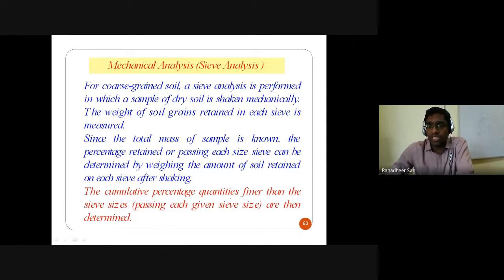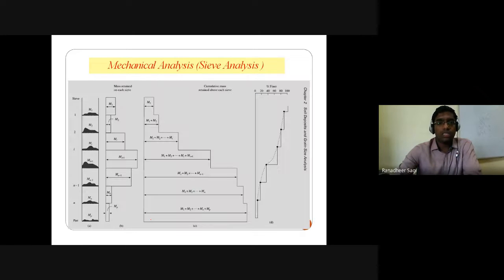The cumulative percentage quantity finer than the sieve sizes, meaning passing through the corresponding sieve opening, is then determined. We'll see how to calculate that percentage finer value.